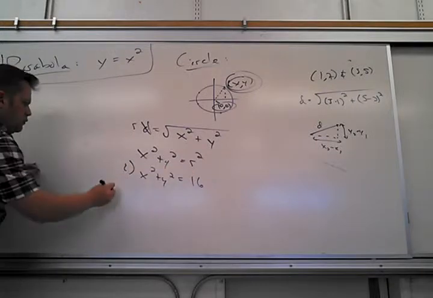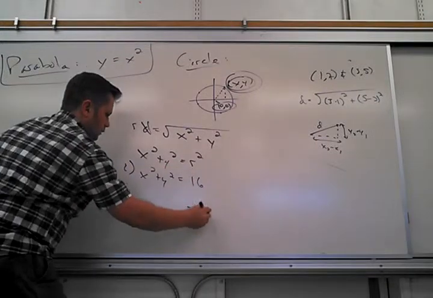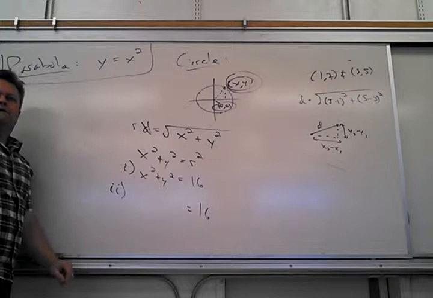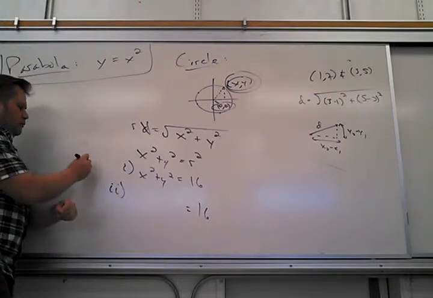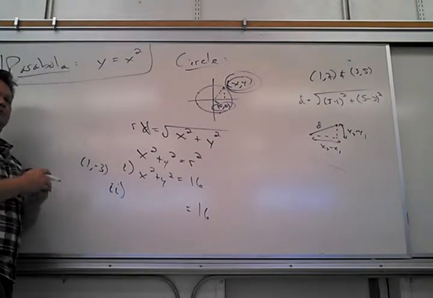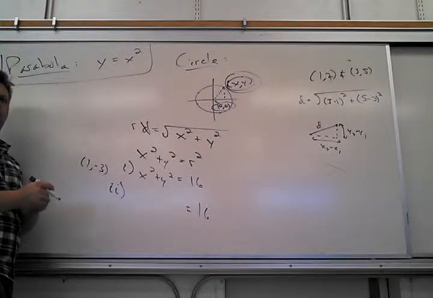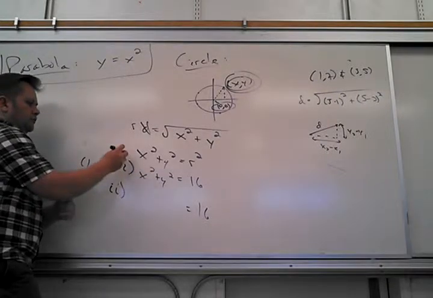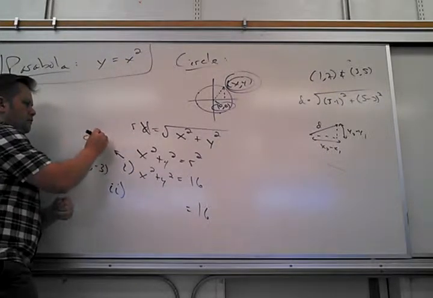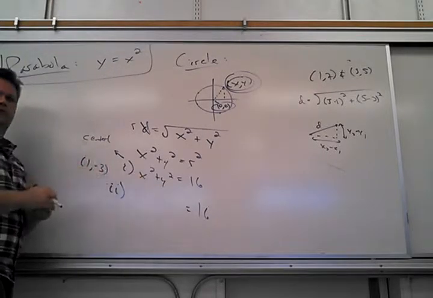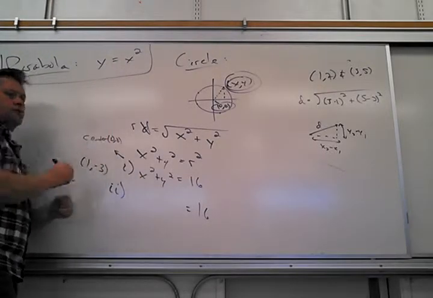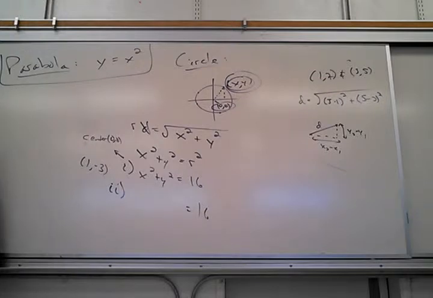So how would I write this if I wanted a radius 4, so I'll do that part for you. But I want the center to be at 1, negative 3. How would I do that? How far do I have to move left or right? What is the center here? What's the center for this one? 0, 0. So now I'm talking about transformations, right? I'm talking about translations.